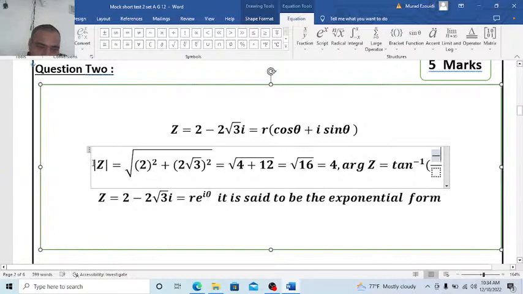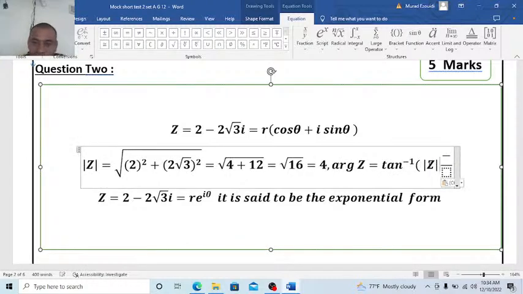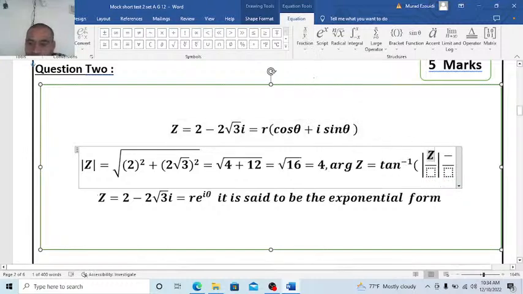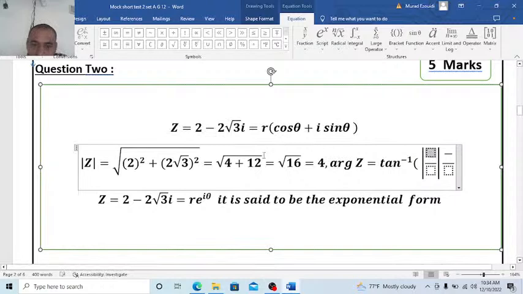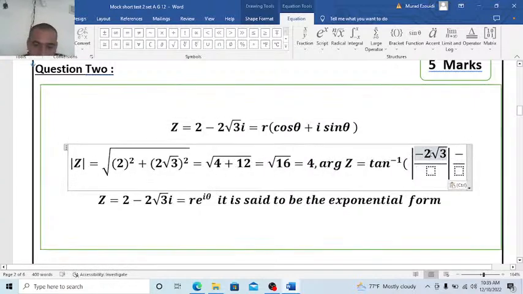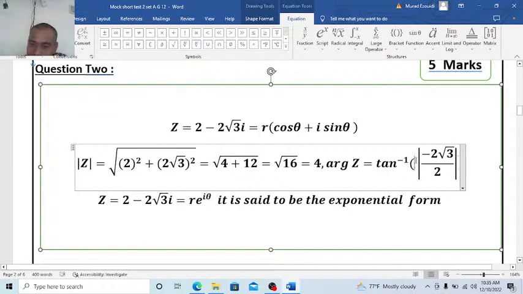First, I will use the absolute value of this ratio, simply because I'm going to ignore the negative sign. Inside this I will insert a fraction, minus 2 divided by 2, and then I can cancel this.